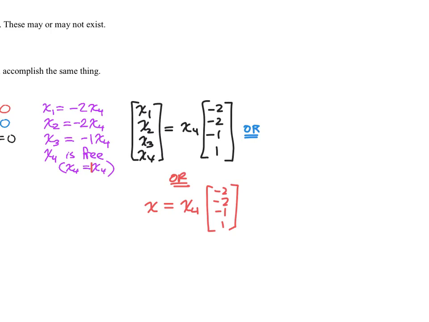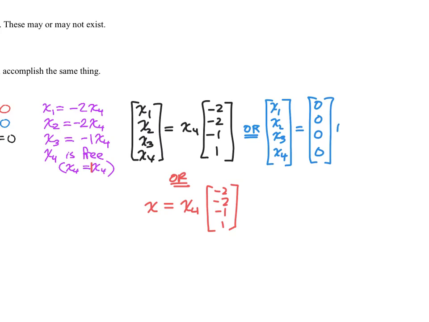So I could write x1, x2, x3, x4 is equal to 0 plus x4 times all that other stuff.